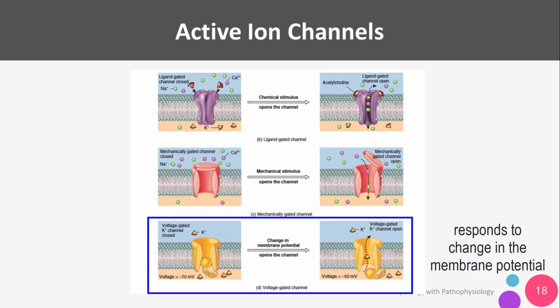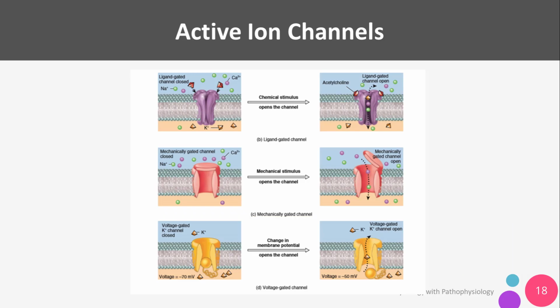So they will open if there is a change in the membrane potential or in the electrical charge of the cell. They are found in axons of neurons and the sarcolemma of skeletal and cardiac muscle cells. The activation gate will open when stimulated, while the inactivation gate closes to stop ion movement.